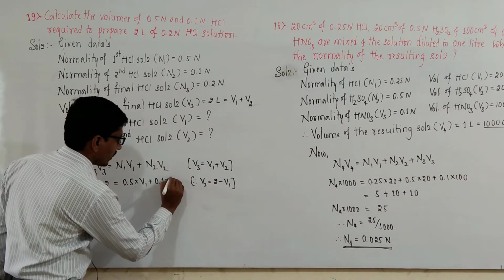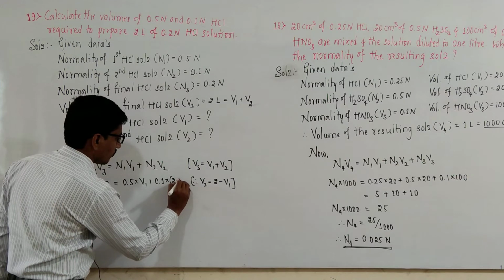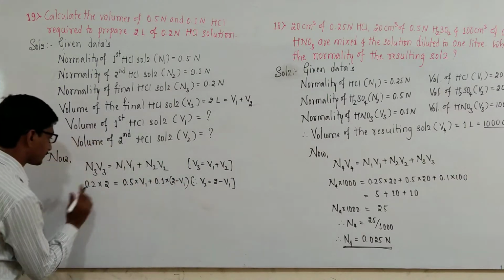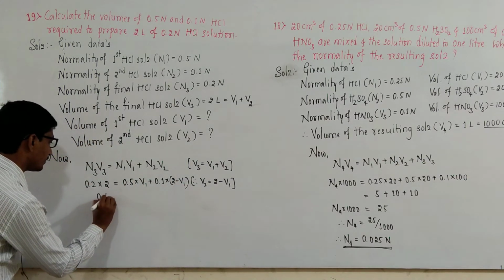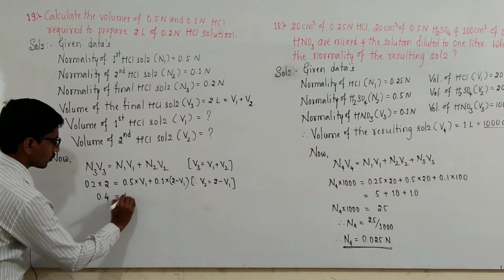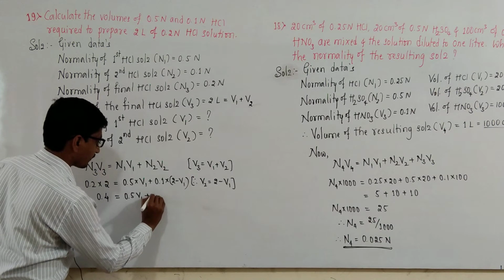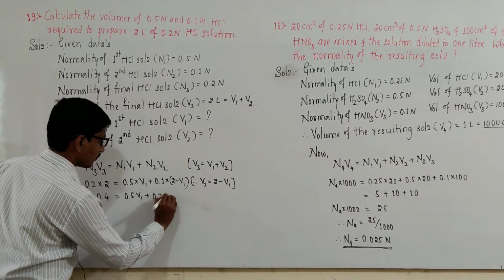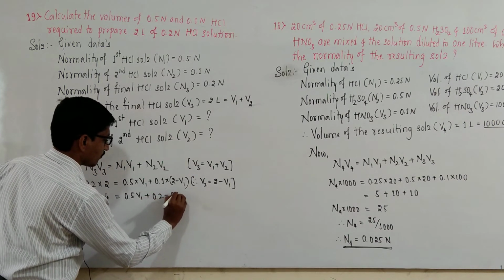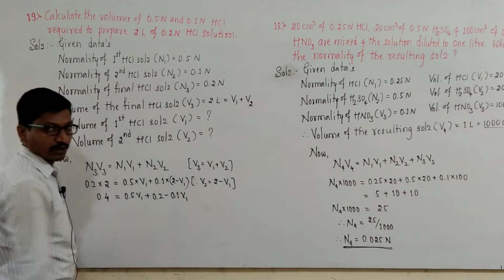Substituting this value: 0.4 is equal to 0.5 V1 plus 0.2 minus 0.1 V1.